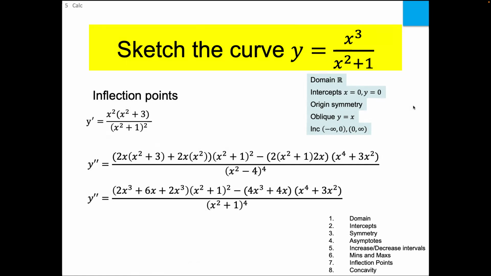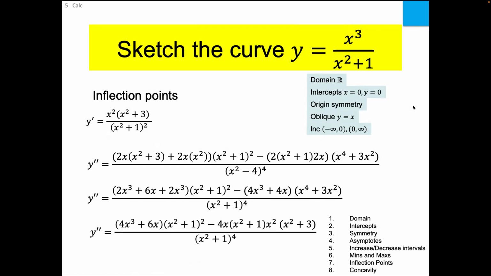Then we'd still have to solve this. Let's do all the simplifying we can do. Is there anything else we can do? Yeah, distribute even more. So what did I do on this step right here? I did 2x cubed plus 2x cubed, which is 4x cubed. I factored out 4x from this one. I factored out an x squared from that one. Okay.